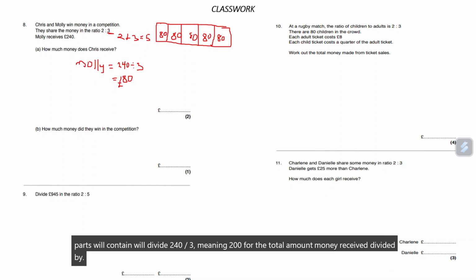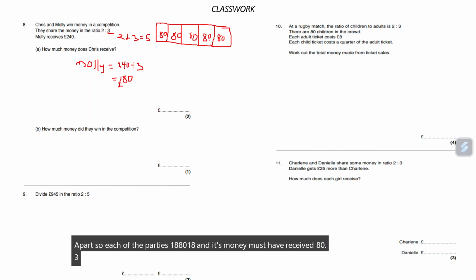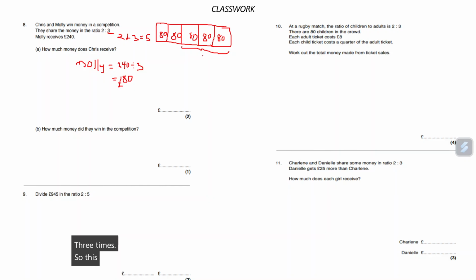So each of the parts is 80, 80, 80. That means Molly must have received 80 three times. So this is Molly's part, which is 3.